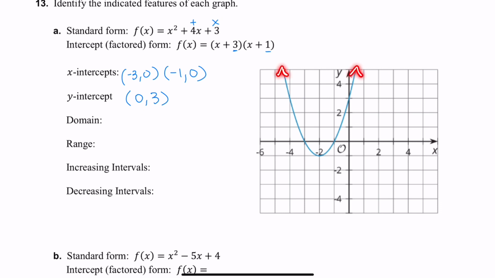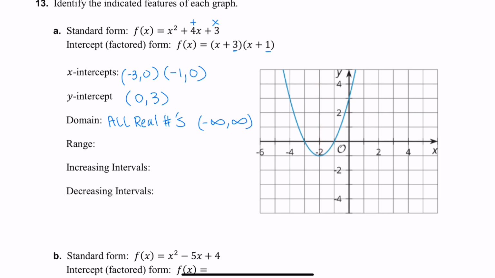Okay, so our domain on parabolas, unless it's an actual real-world example, we're going to say that they go on forever. So we could say all real numbers. Another way of saying this in interval notation is from negative infinity to infinity. Now our range is the lowest point is where it's at negative 2. So it's everything above negative 2.